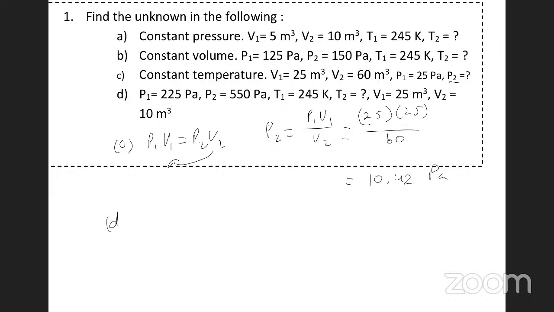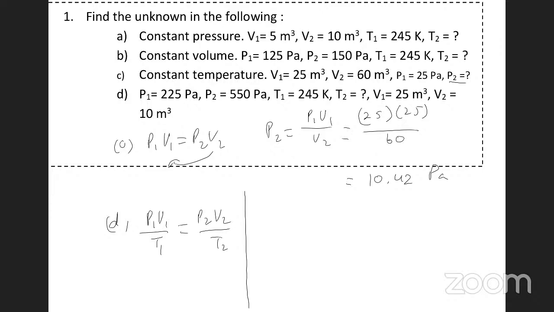And D, what's the law we're using in D? General gas law, nothing constant, right? So we're using P1 V1 over T1 is P2 V2 all over T2. What they want us to find for?